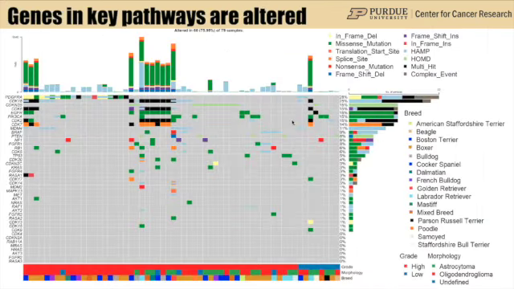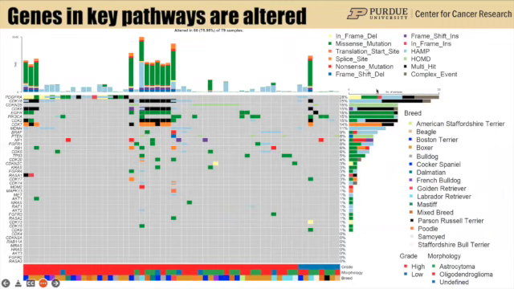This figure is called an oncoplot, and on the top you have tumor mutation burden in all the various samples. We have 79 canine samples that had mutation data that we looked at.